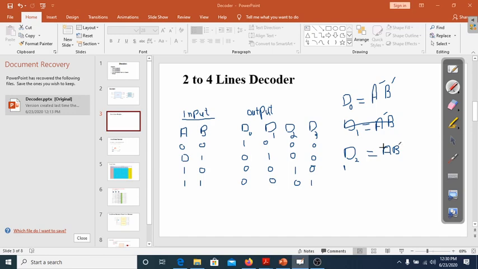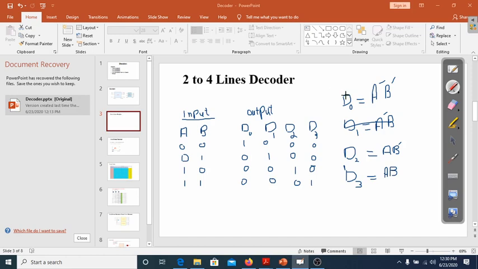And for D3 it would be equal to A and B, A into B.